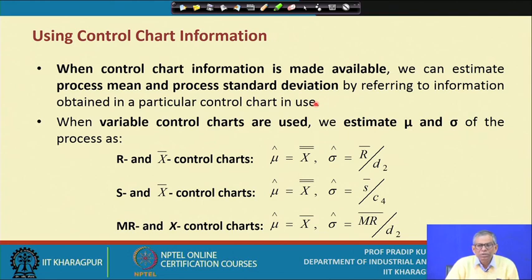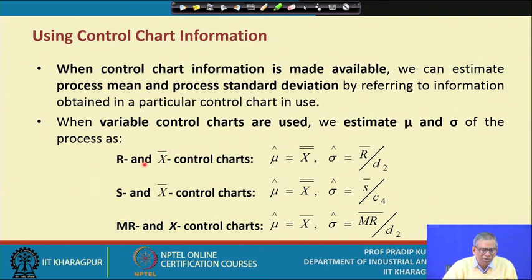When variables control charts are used, as you know, using variables data which are measurable, for which gauges or measuring instruments are used, you estimate mu and sigma of the process. If you use the R and X bar control charts, as I have already pointed out, these two control charts must be used simultaneously.